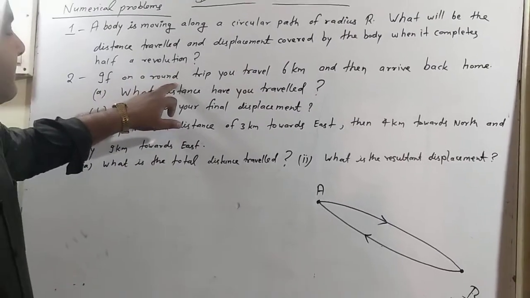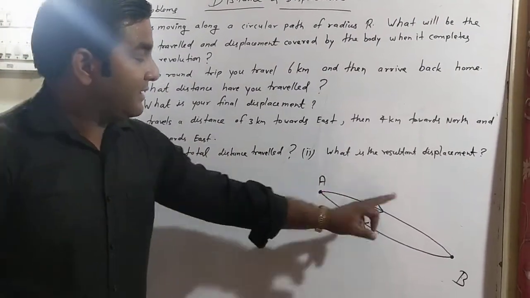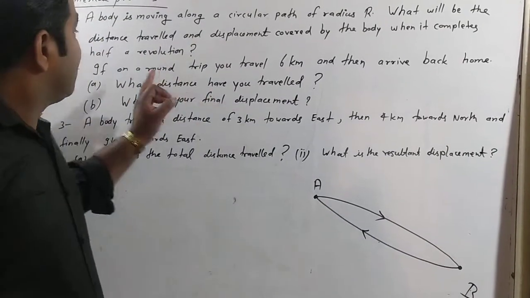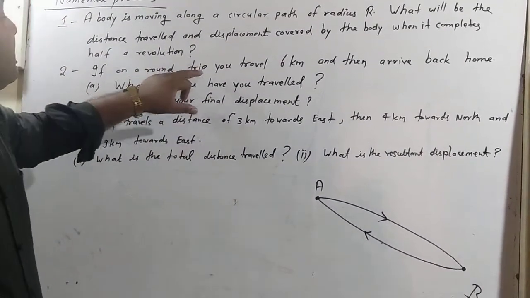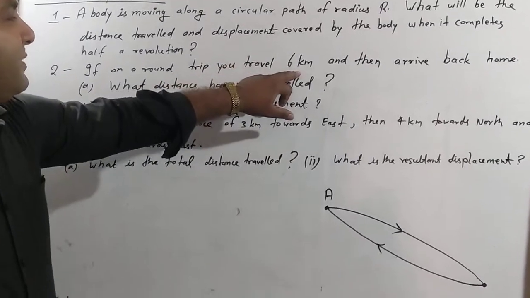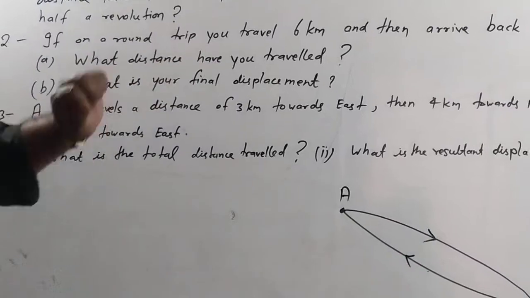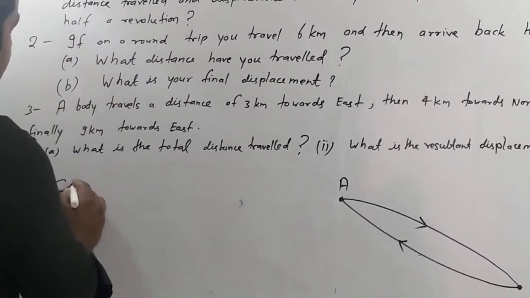If on a round trip, it means starting from A and reaching up to B and further coming back to A. This is a round trip. You travel 6 kilometers and then arrive back home. What distance have you traveled? Solution of this one question.